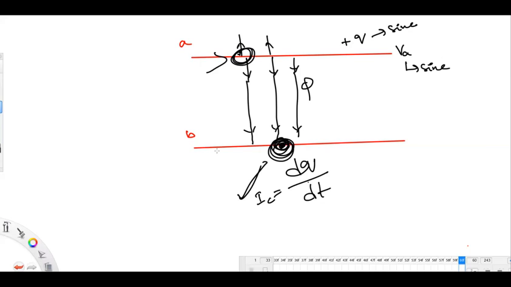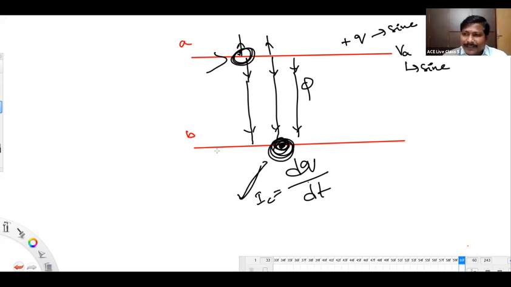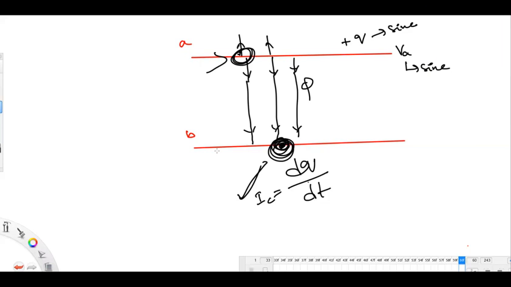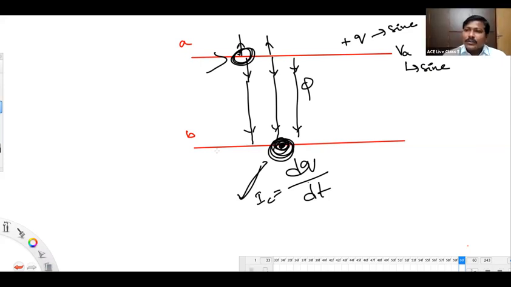Under rated conditions, you assume the receiving end voltage magnitude is close to the rated voltage, so that itself acts as the base.